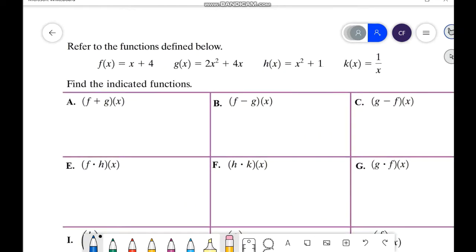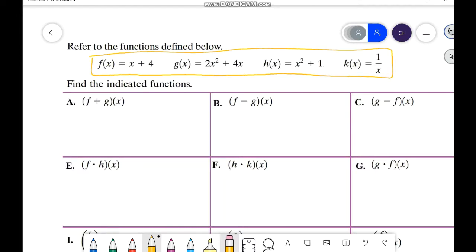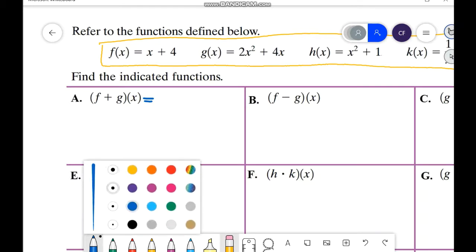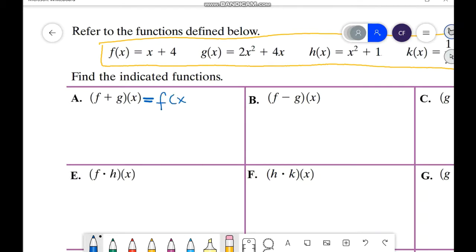Refer to the functions defined below. We're going to work with those functions, f of x, g of x, h of x, and k of x in all the questions. The first question, f plus g of x. This is the same thing as f of x plus g of x, right?